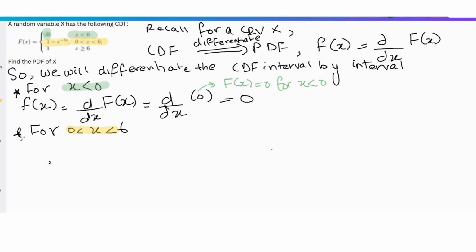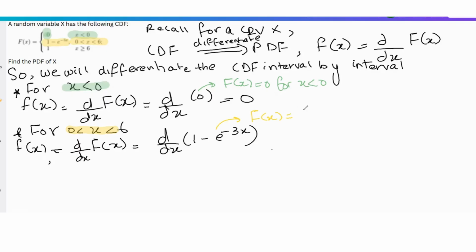Here also, we know the PDF small f of x is just the derivative of the CDF, and the CDF value in this interval is 1 minus e to the minus 3x. So we have to find the derivative of this.